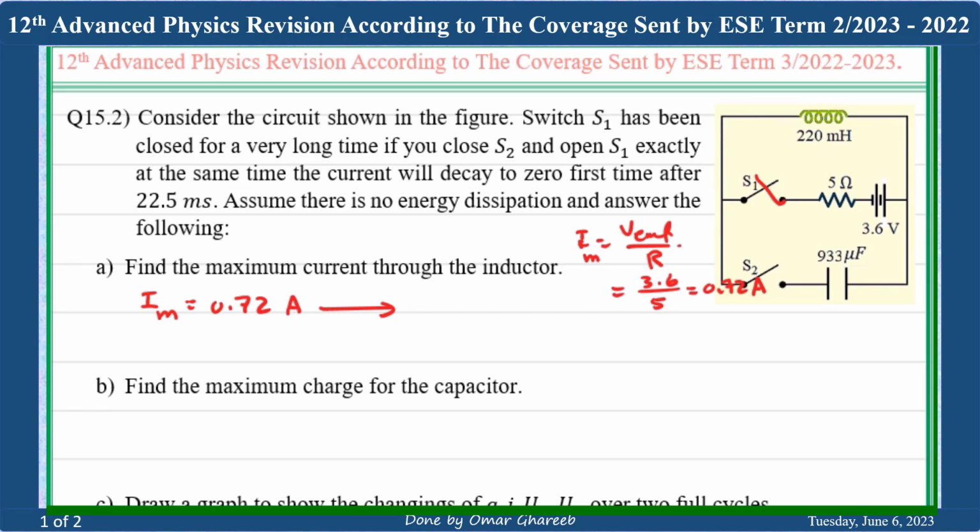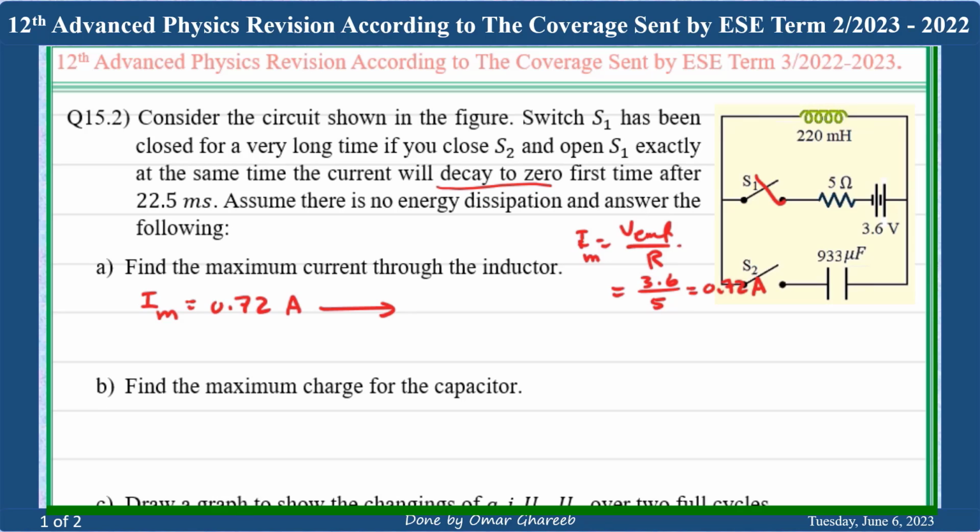Let's go back to the question. Switch S1 has been closed for a very long time. If you close S2 and open S1 exactly at the same time, the current will decay to 0. Decaying the current to 0 needs 1/4 cycle, the same as the last question.